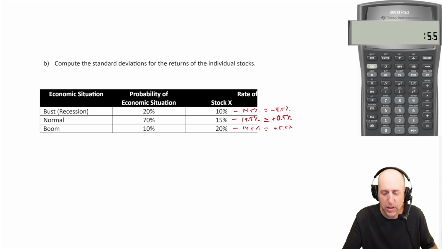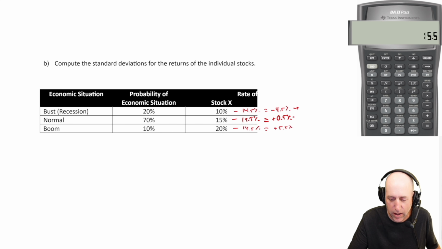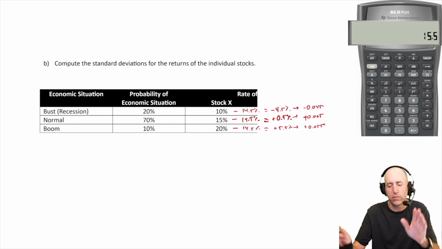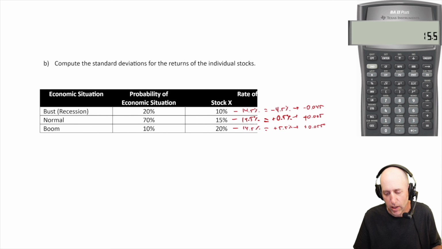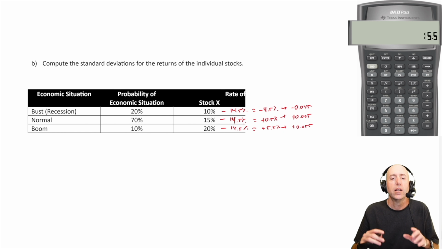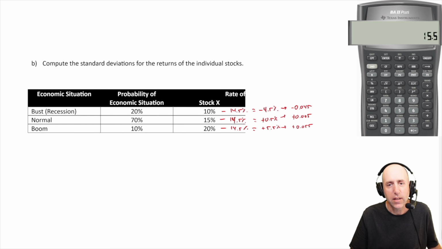I'd like these all to be decimals when I put them into my calculator. So negative 0.045, this is 0.005, and this is positive 0.055. Okay, so we've converted our percentages to decimals. Now, calculating variance, it's the sum of the squared differences.